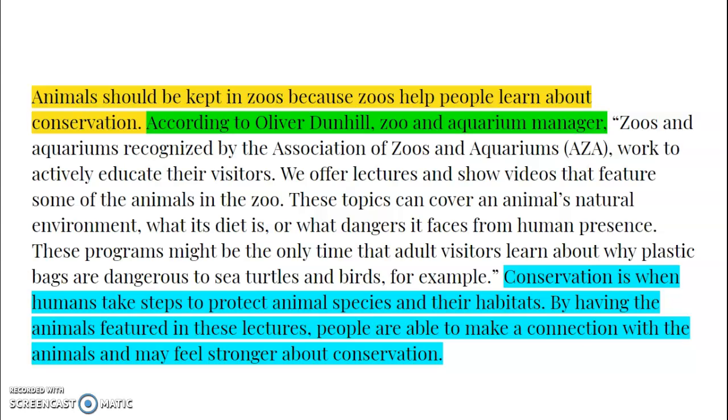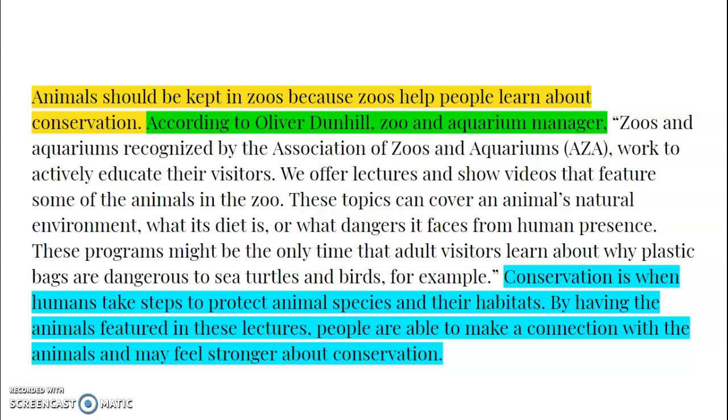These programs might be the only time that adult visitors learn about why plastic bags are dangerous to sea turtles and birds, for example. Conservation is when humans take steps to protect animal species and their habitats. By having the animals featured in these lectures, people are able to make a connection with the animals and may feel stronger about conservation.